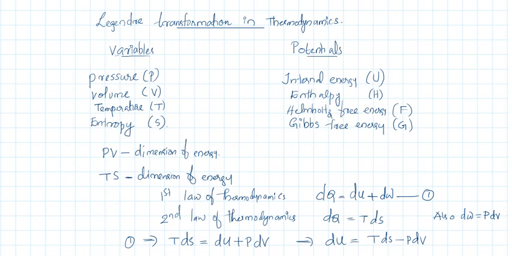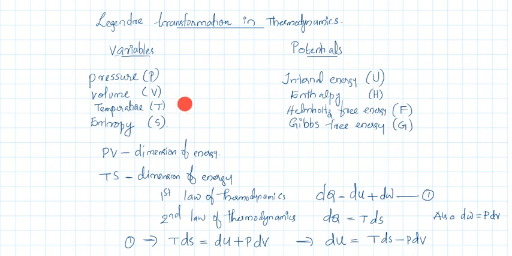Now I will give you an interesting example of Legendre transformation. It is not in classical mechanics, but in thermodynamics. In thermodynamics, we have 4 variables basically: pressure, volume, temperature, and entropy. And 4 thermodynamic potentials are there: internal energy, enthalpy, Helmholtz free energy, and Gibbs free energy.